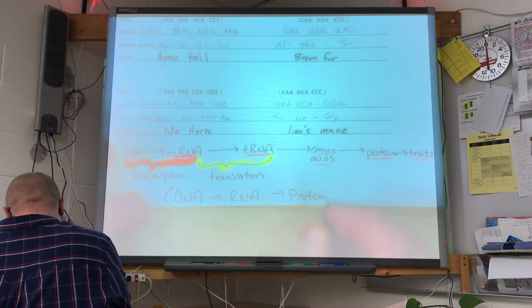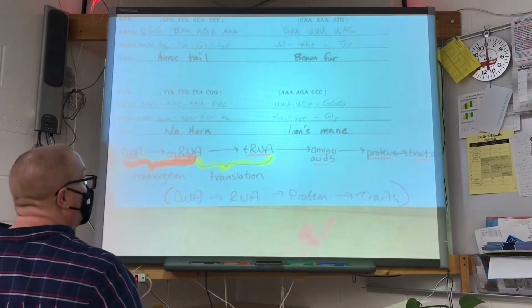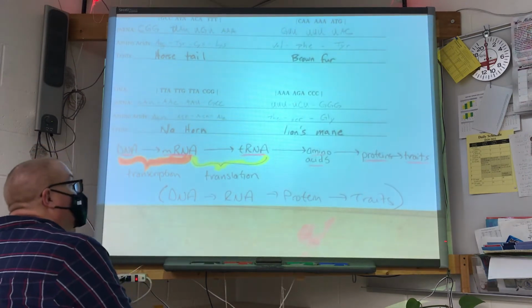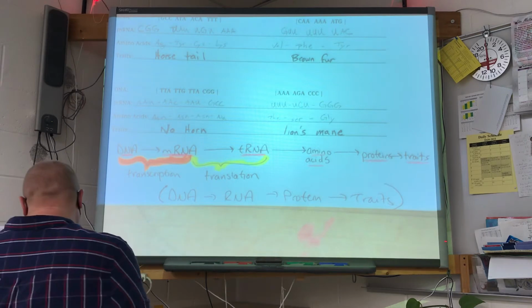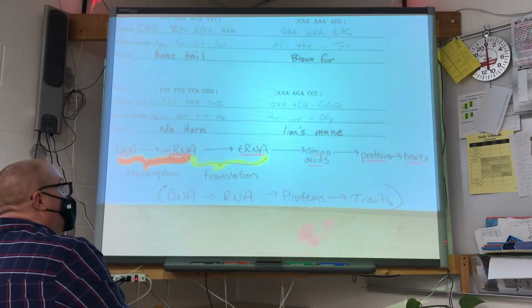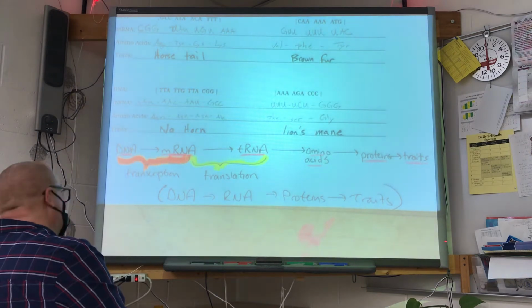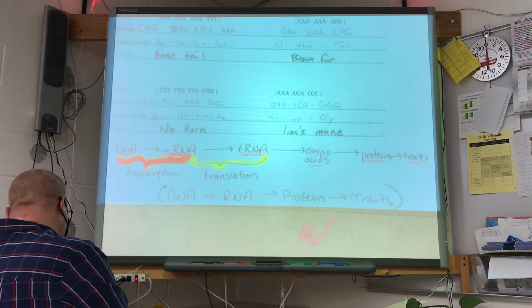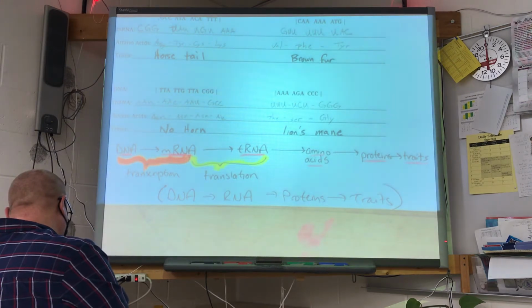Now, your guided notes from the weekend talked about mutations, and in class last week we talked about mutations. There are two different types of mutations that we really focused on: a point mutation or a frameshift mutation. Generally speaking, which type tends to cause more significant issues?